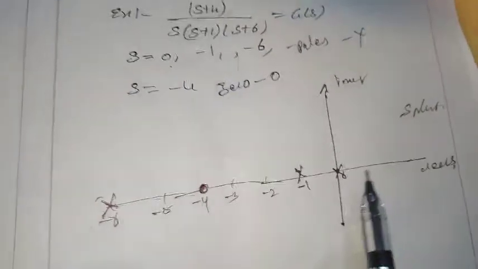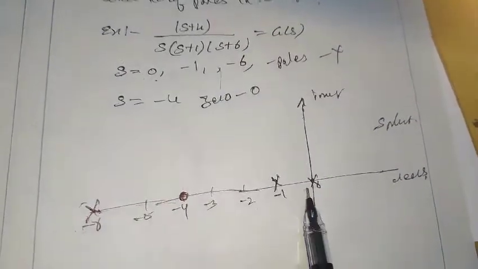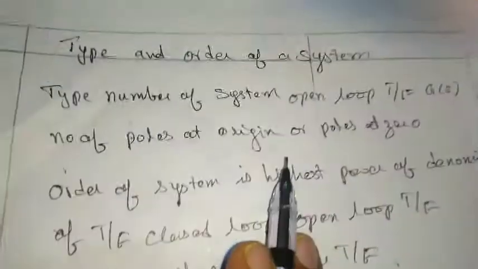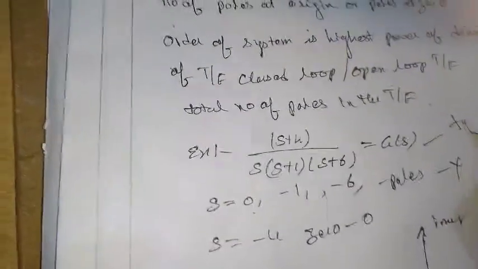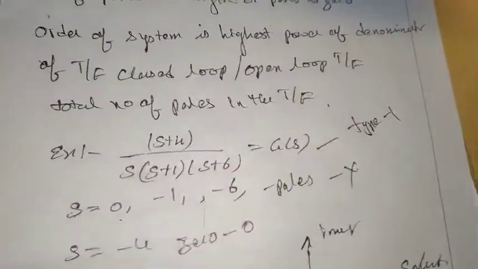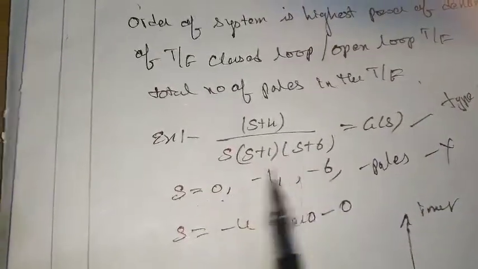So in this graph I have one pole at origin. What is type? The number of poles at origin will give you the type number. So this is considered a type 1 system. And what is the order? Total power of the denominator.